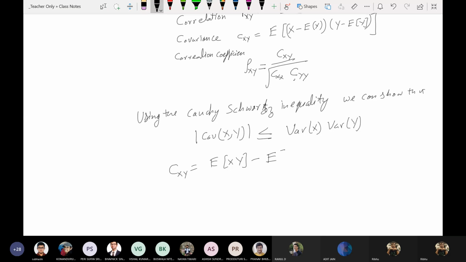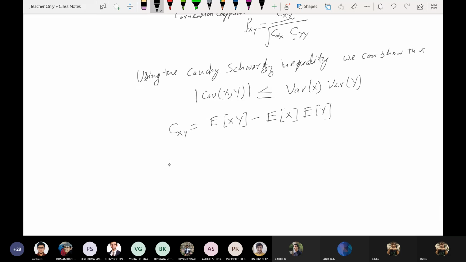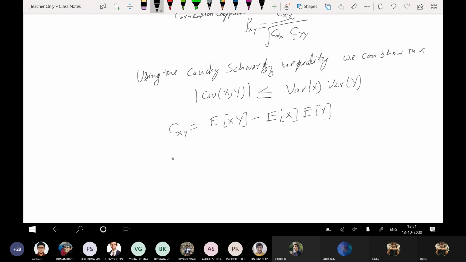Now these are also slightly tricky definitions to remember, but you'll have to.